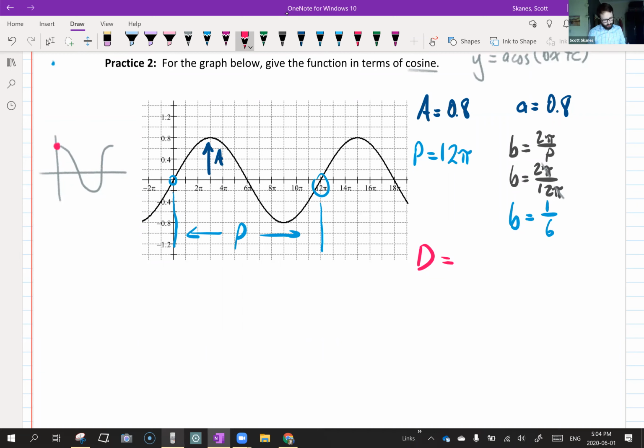So it shifts. The cosine, again, let me show you this. Let me find a good way to do this.